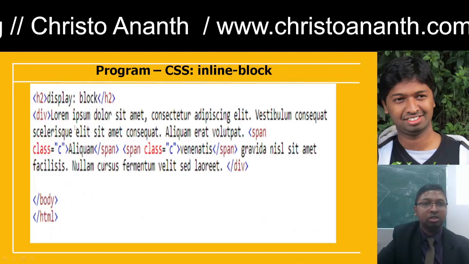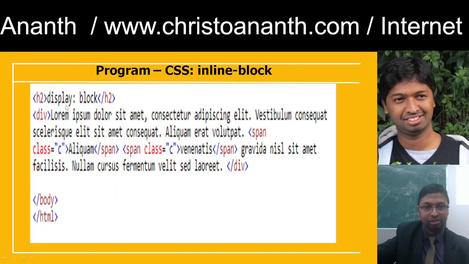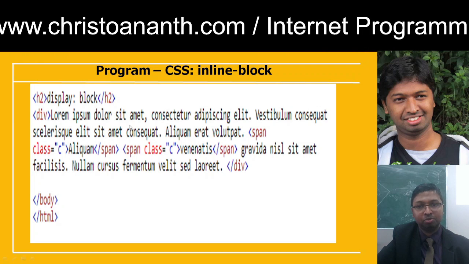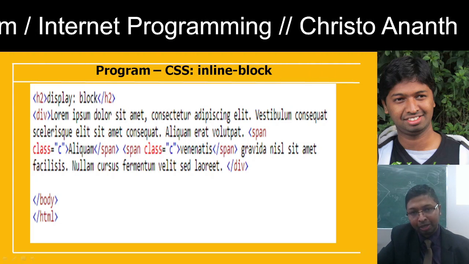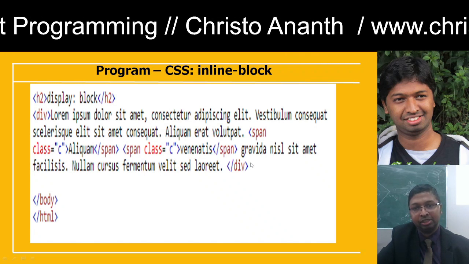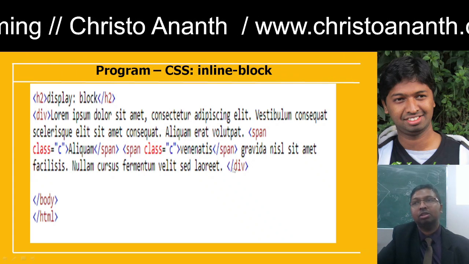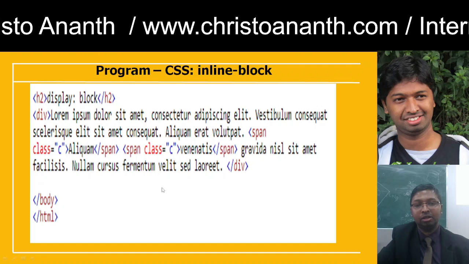Then you'll have the h2 with display block, which is the next one. In the div tag you specify some text, then span class C with aliquam, and another span class C. Then you have some text, close the div, close the body, and close the HTML.